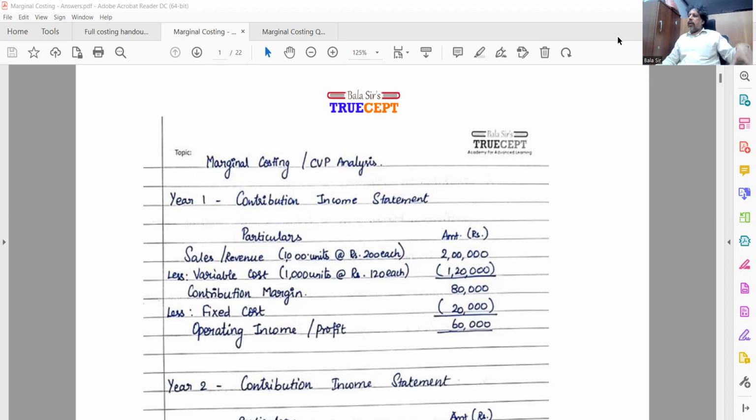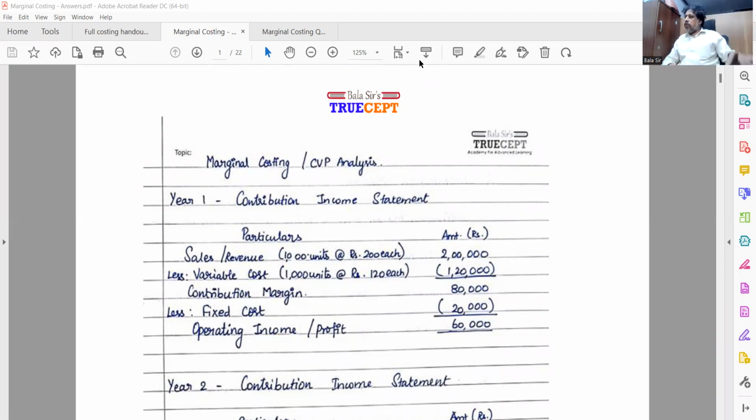Now just see the given income statement, and this is how you make what is called a contribution income statement, or we call this a marginal cost statement, or a profit statement using the marginal costing technique or marginal costing principles.